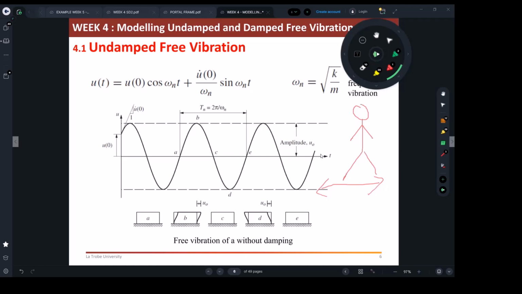That means, look here at the equation. To have a high frequency, you need to have very high stiffness. Whenever you increase the stiffness, a stiffer person, that means his frequency is very high. Whenever the mass goes high, the frequency goes low.